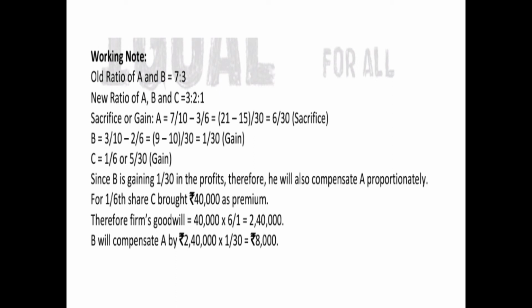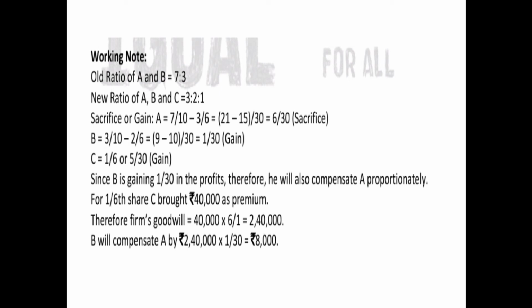Then B here is not sacrificing, rather he is gaining, and his gaining share is 1/30. That means he will have to compensate A with the gaining share of the firm's goodwill.